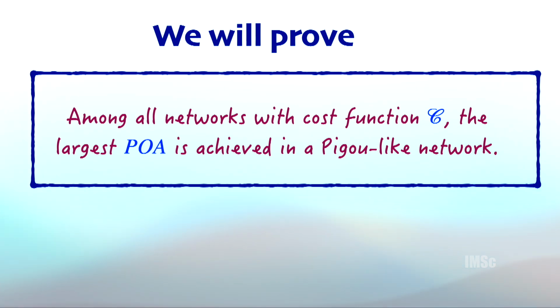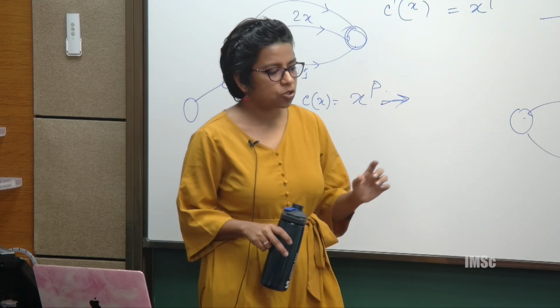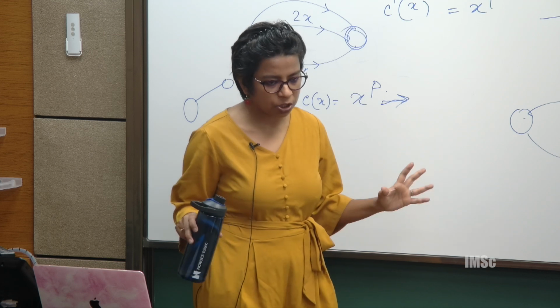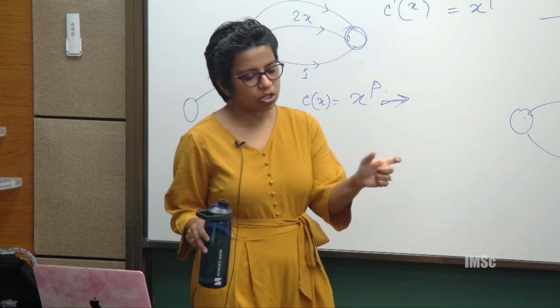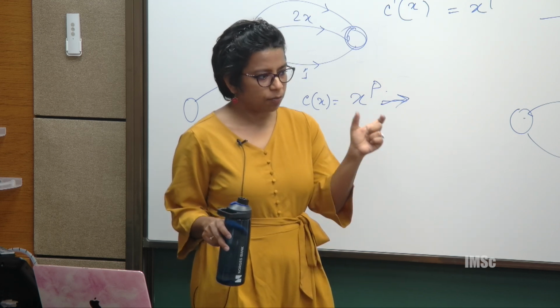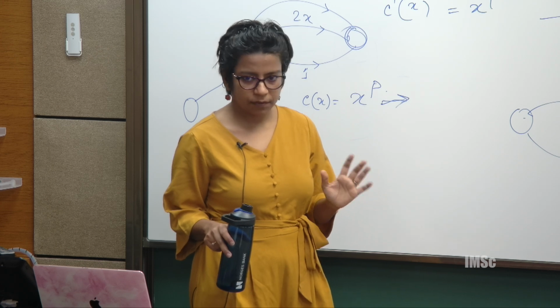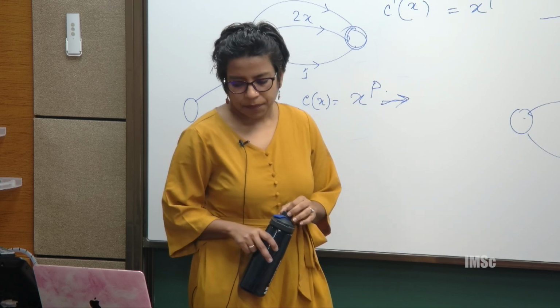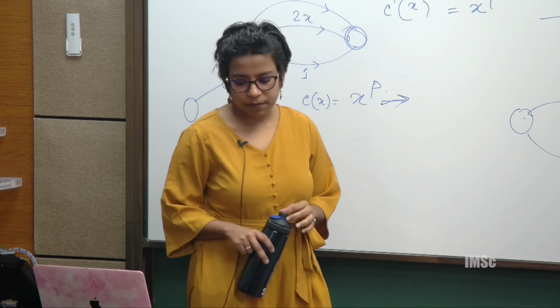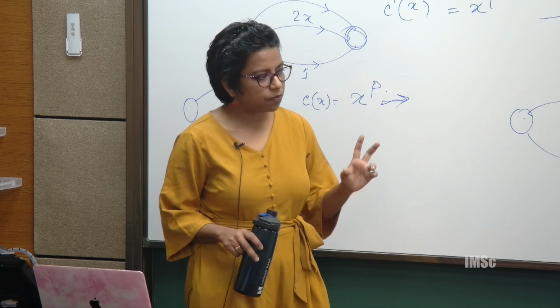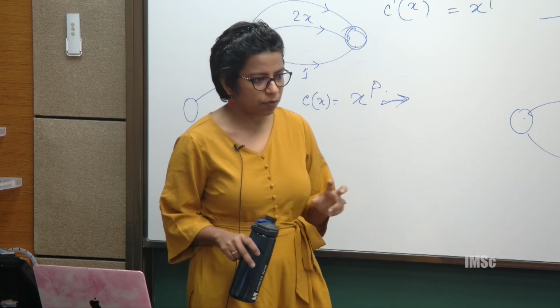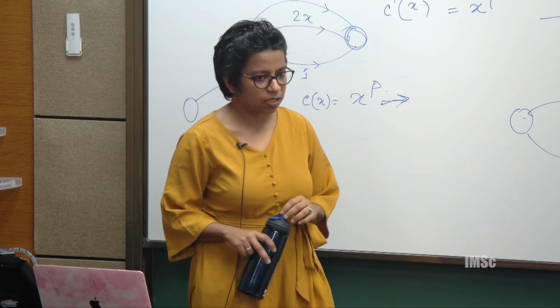Here that result follows from a more general treatment: you have a class of cost functions, this is C. What that means is that whatever network or graph you have, the cost function on any edge belongs to that family. And the largest POA, price of anarchy, is achieved by a Pigou-like network, and we will say what it means, Pigou-like network.